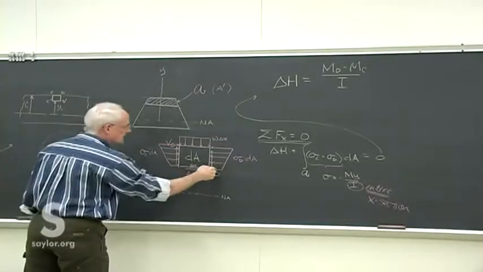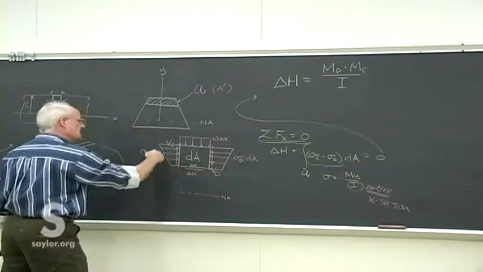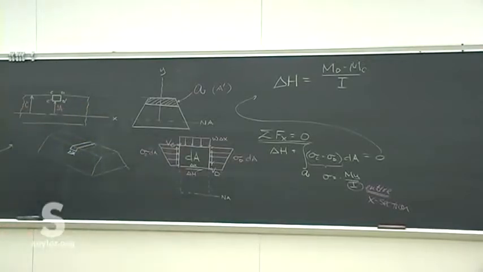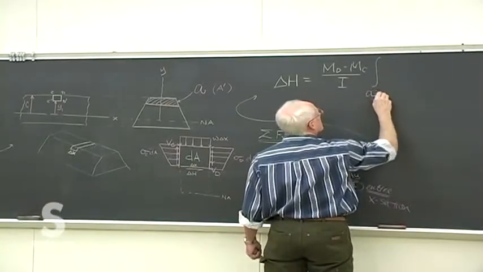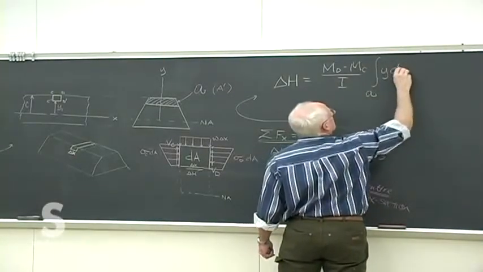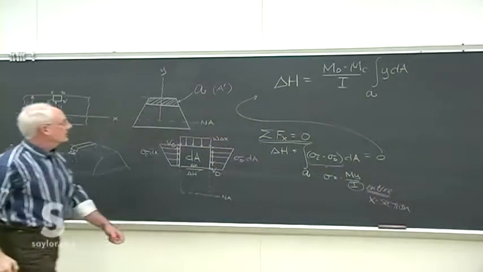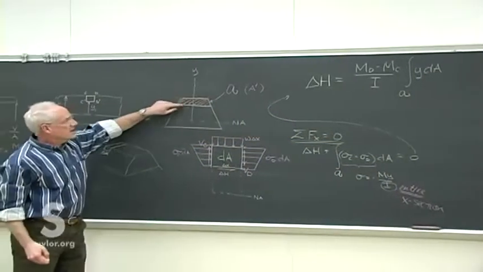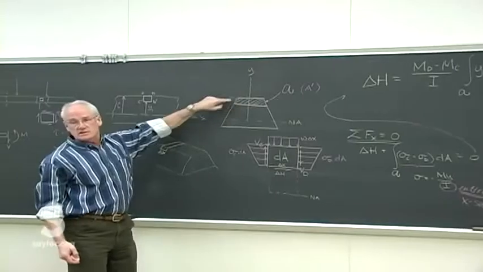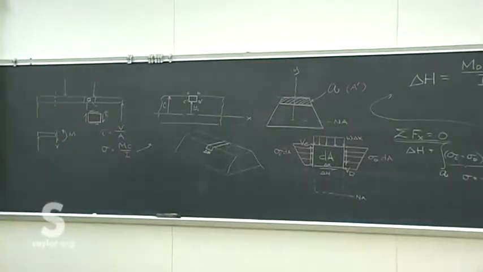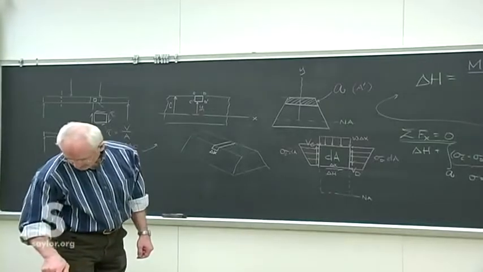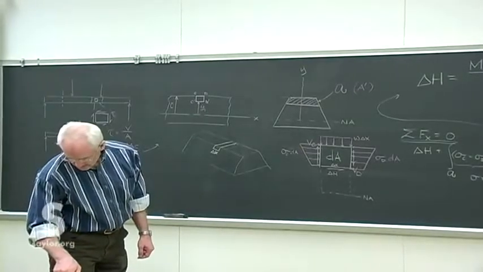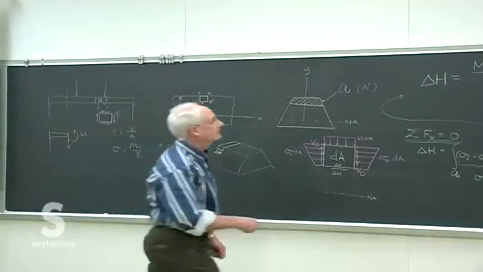This M is the moment at the D face, C is the moment at the C face, and I. Those are all constants, they come out, and we're left with just the integral over this exposed area above our plane of interest, as established by Y. So I think that gives us all the pieces we need.